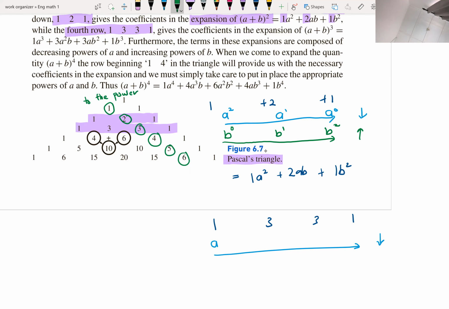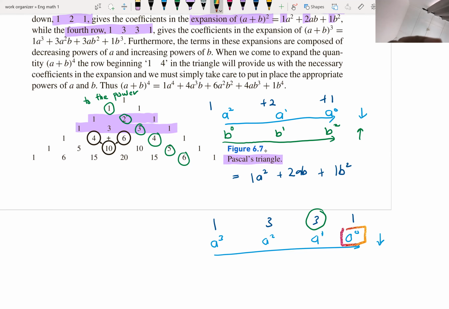Since this is to the power of 3, A starts with A3, and then A2, A1, and at the end it must be A0. This is the keyword.